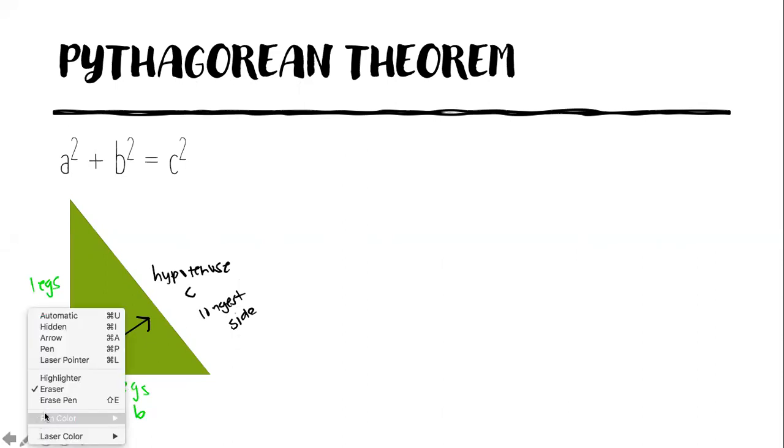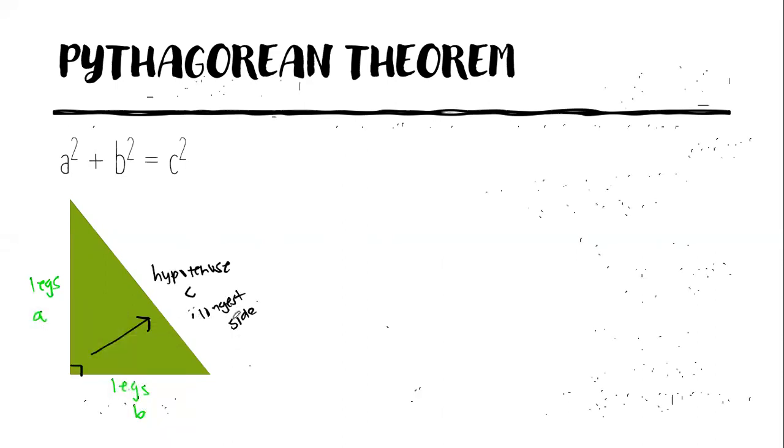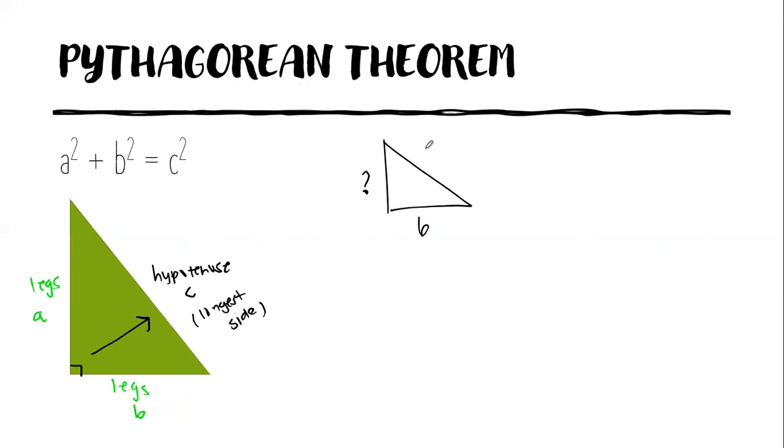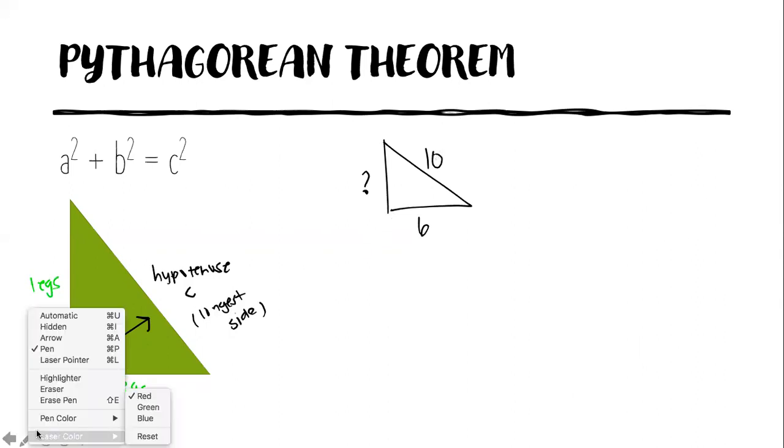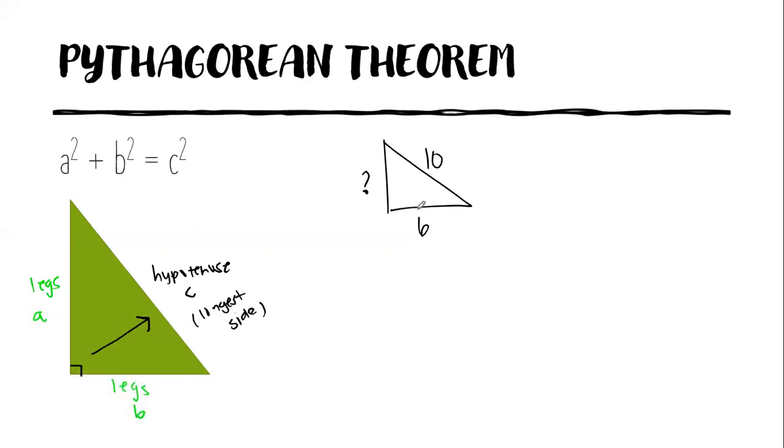Okay, so let's say I was looking for my leg. So let's say that this was 6. We don't know this side, and this side was 10. First thing I'm going to do is label my sides. So let's say 6 is A, the missing side is B, and the hypotenuse is C. You can just try to follow along with me, or if you need to write it down, that is fine.